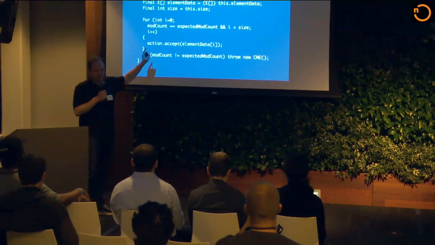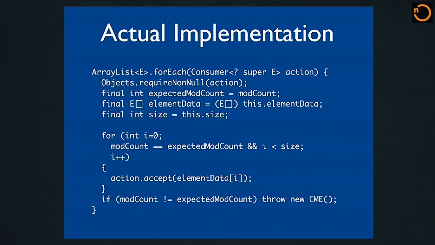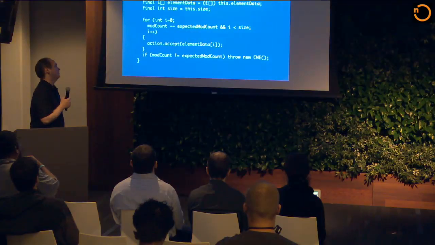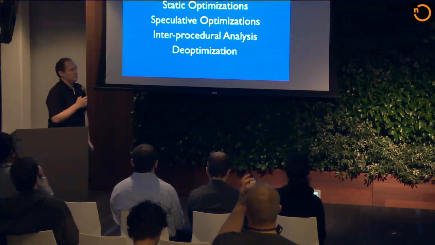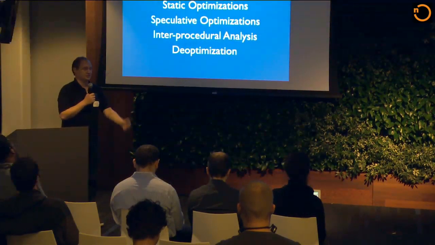Now, the actual implementation turns out to be this. There's some stuff here for the mod count, which is to do concurrent modification exceptions. But the more interesting part is these local variables at the top. They have done that for a reason. It's just going to take us a while to get there and understand why. We're going to have to understand a bunch of things.